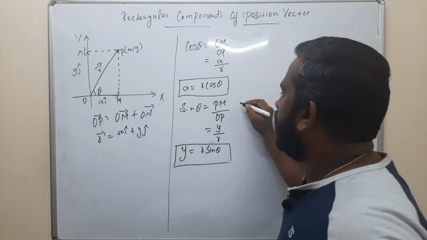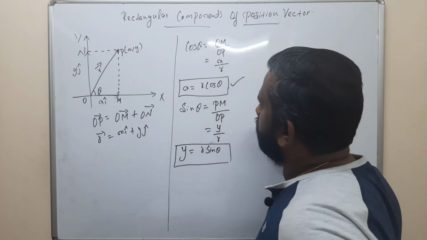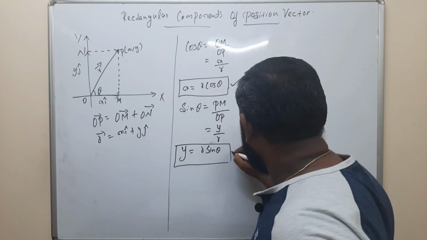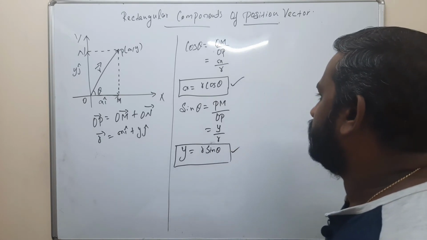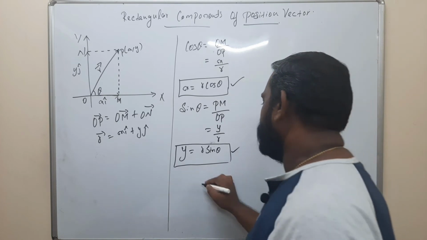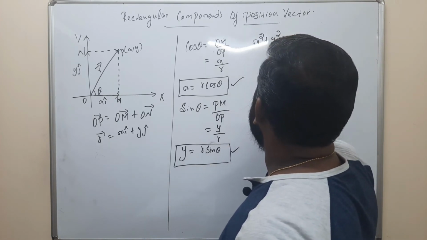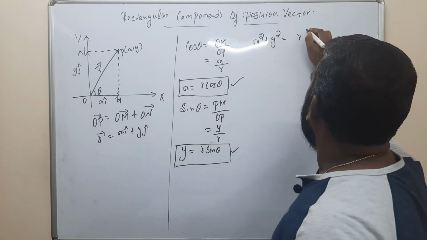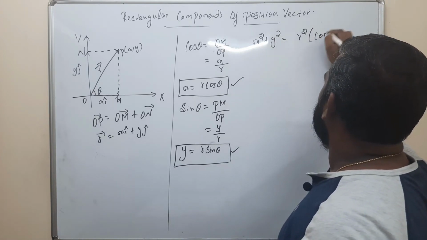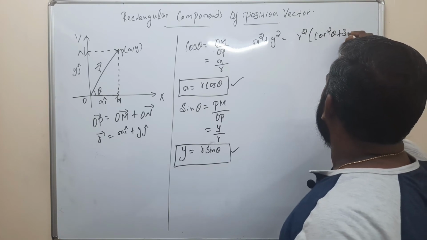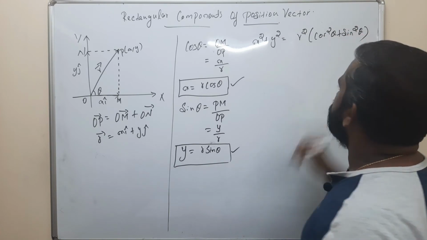So x equal to R cos theta is the horizontal component, y is equal to R sin theta is the vertical component. Okay. So x square plus y square is equal to R square (cos square theta plus sin square theta).